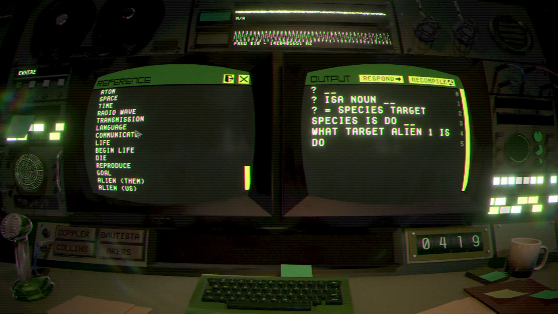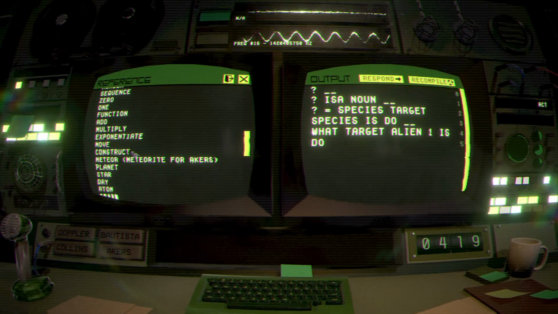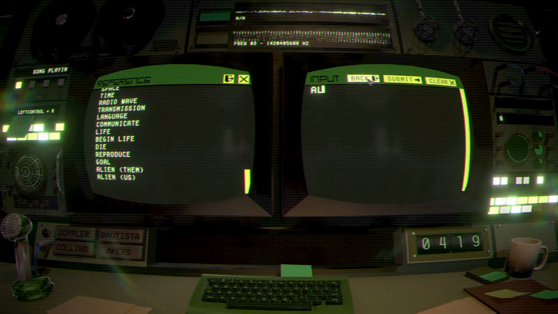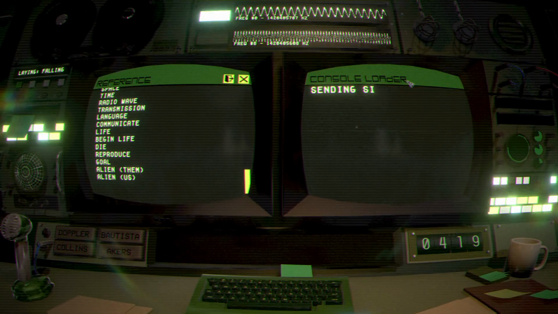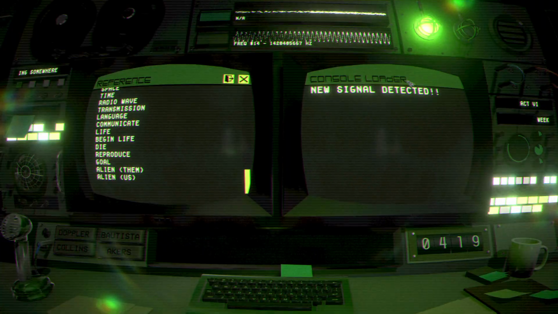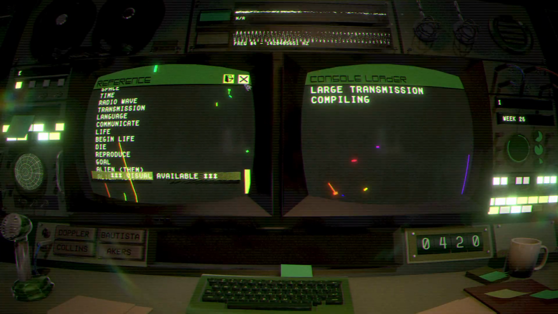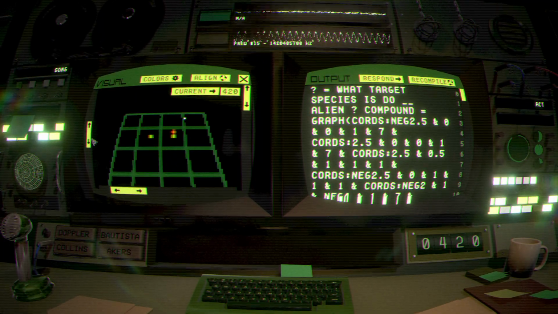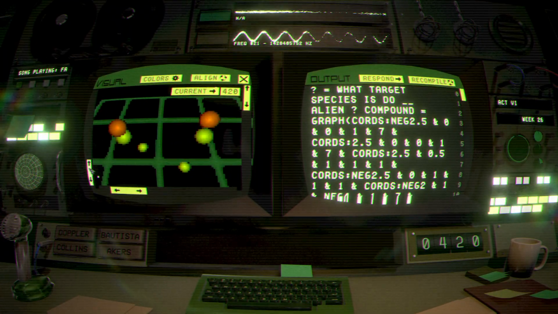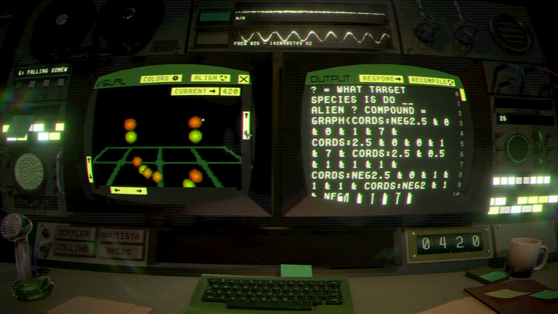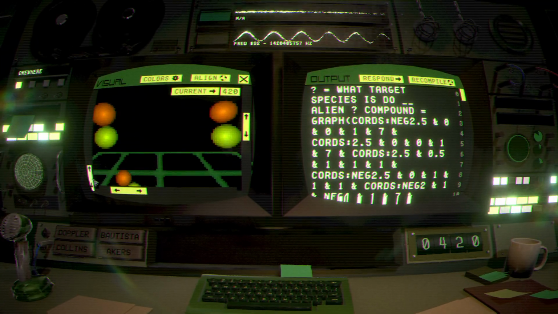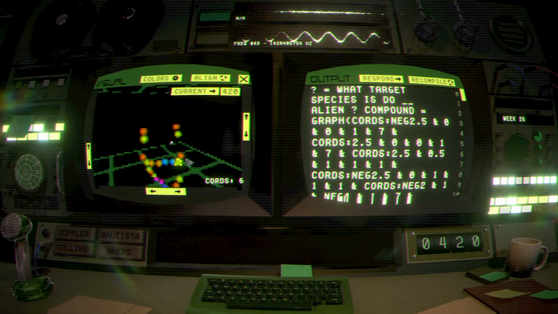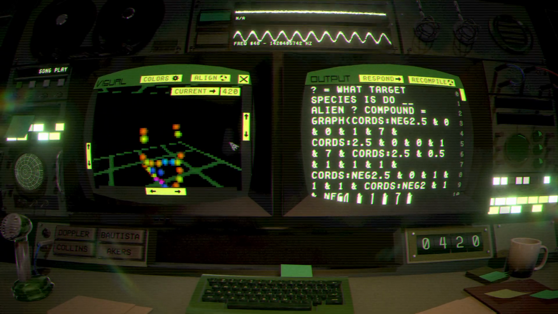Goal. Alien 0 is targeting Alien 1. Because they're gonna what? They're gonna shebang? What? Boom! Oh wait, is this DNA? DNA! DNA.